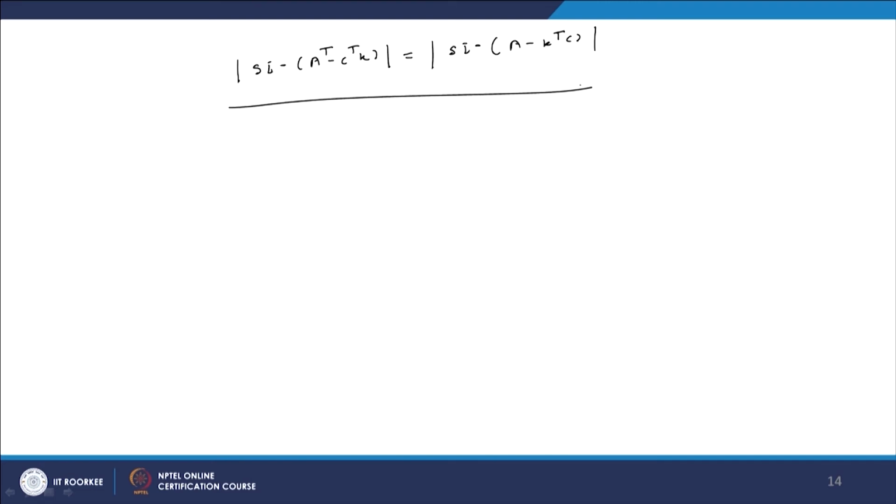And now, our observer state equation is sI minus A minus Ke into C, and with the equation we have got, it means that here we have Ke equal to K transpose.